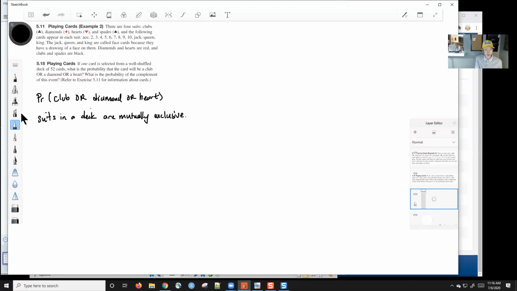So this becomes the probability of club plus the probability of diamond plus the probability of a heart, and there's no overlap to subtract.